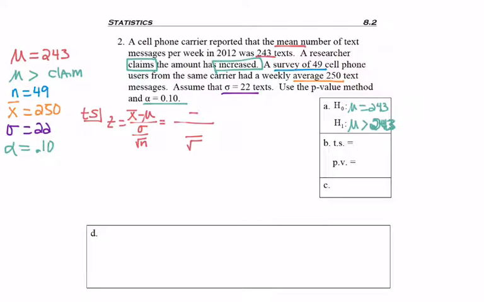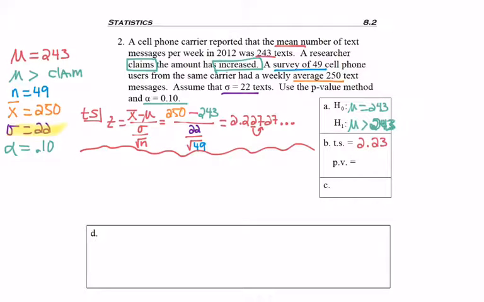First I fill in the sample average of 250, subtract the population mean of 243, and divide by sigma and the square root of the sample size to get 2.22727, etc. I'll take 2 digits after the decimal to give me 2.23 for my test statistic. And I'm off to find the p-value.